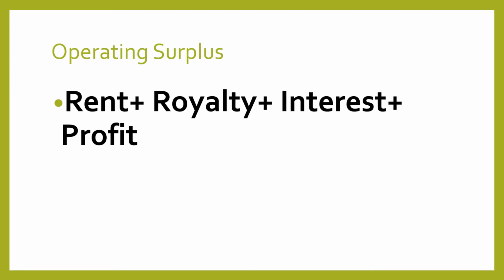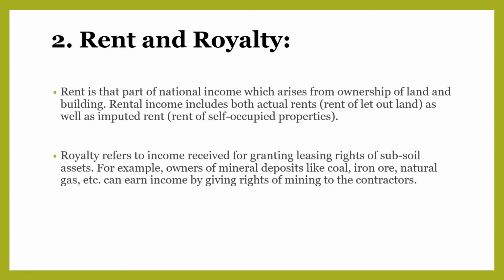Next, the second factor of NDP at FC, that is operating surplus. How to calculate operating surplus? Rent plus royalty plus interest plus profit. First of all, rent. Rent is the part of national income which arises from ownership of land and buildings.